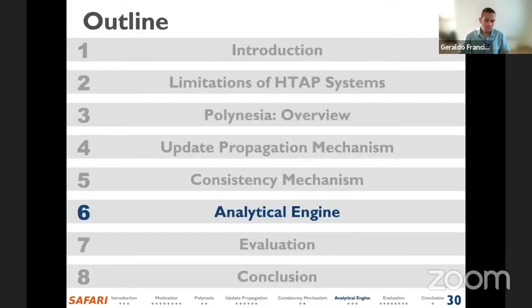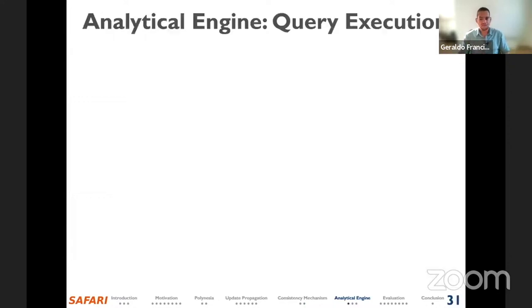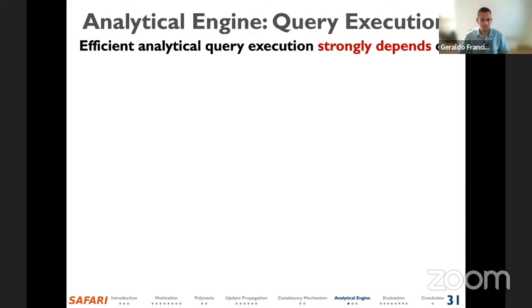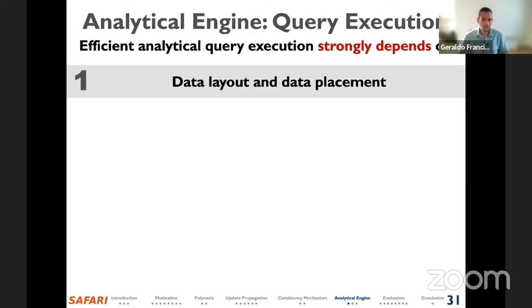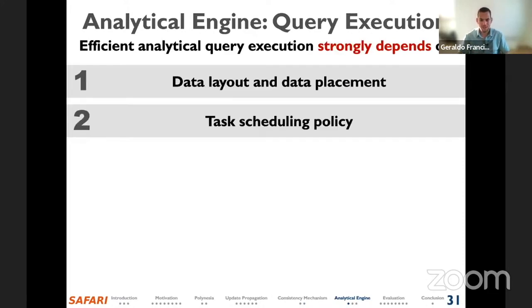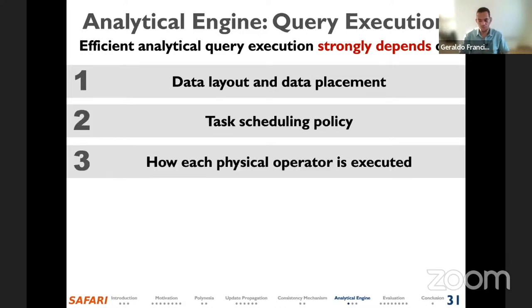Finally, I'm going to describe our analytical engine. Efficiently executing analytical queries depends on three main design decisions. The first one is how to do data layout and data placement of the analytical data, how to do task scheduling of analytical threads, and how to map the physical operators such as scan and merge into these analytical execution engines.